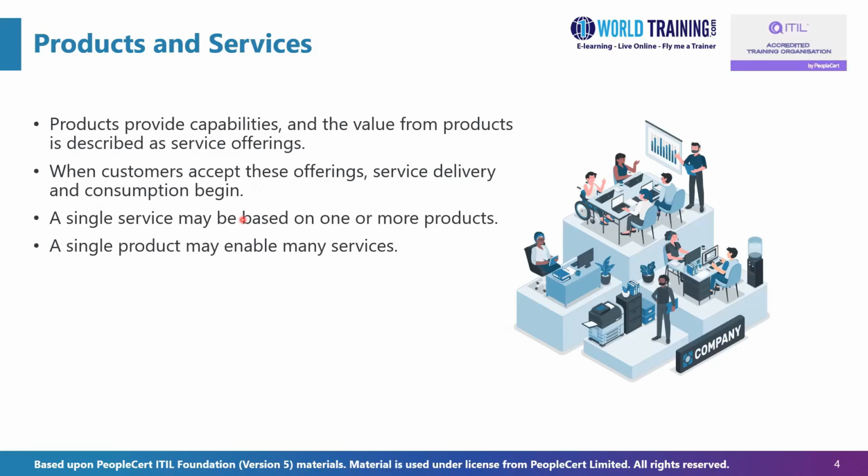For example, they may need help to restore their lost email or some sort of virus scanning or whatever. Therefore, a single product may enable many services, and a single service may be based on several products also.